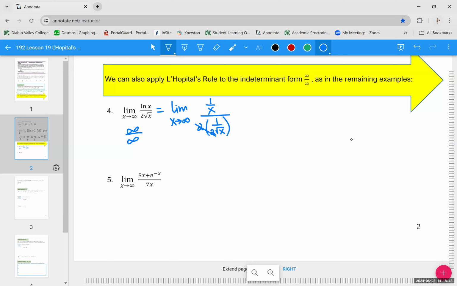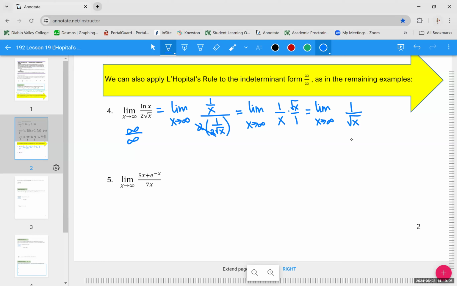I'm going to clean this up first because I've got a fraction over a fraction. What does that actually give me? So I have the top times the reciprocal of the bottom, which is really, right, square root of x over x, which simplifies down to 1 over the square root of x.